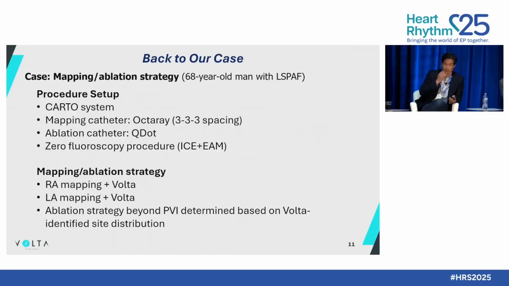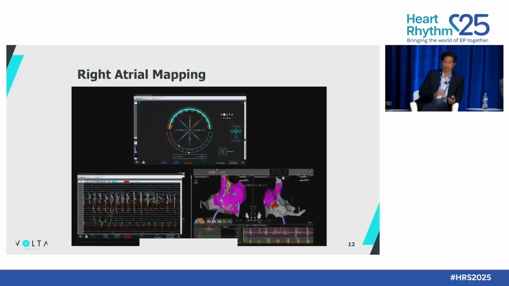Our mapping strategy is that we always add in mapping of the right atrium, because there are signals that show up in the right atrium. We of course map the left atrium as well. Then based on that mapping, I'll take a moment to pause and decide what ablation strategy I'm going to embark on.